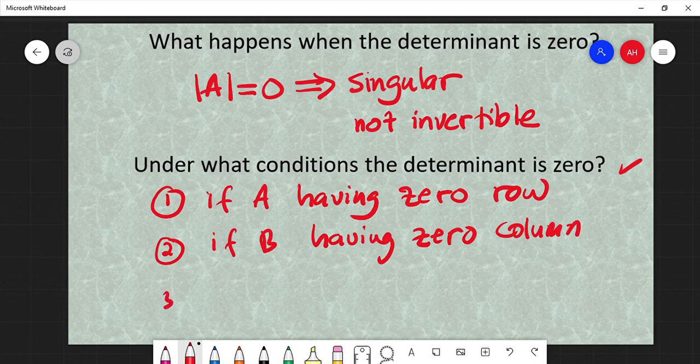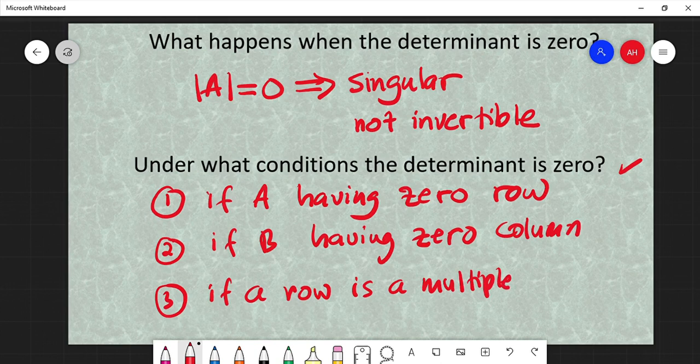Now number three, the third condition where the determinant is 0 is that if a row is a multiple of the other row.